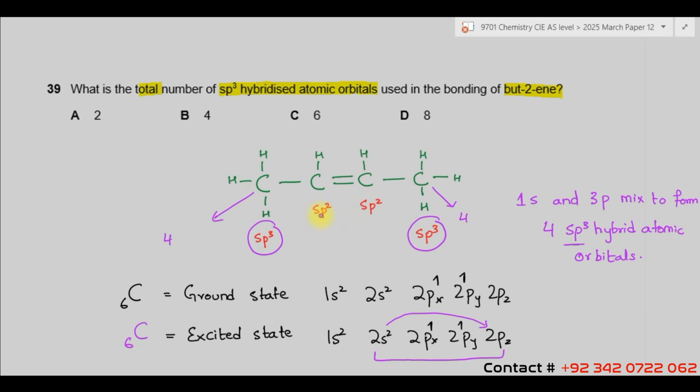In that one s orbital and 2p orbitals mix together. So 4 for this carbon, 4 for this carbon. In total there are 8 sp3 hybridized atomic orbitals in this whole molecule. So correct answer is D.